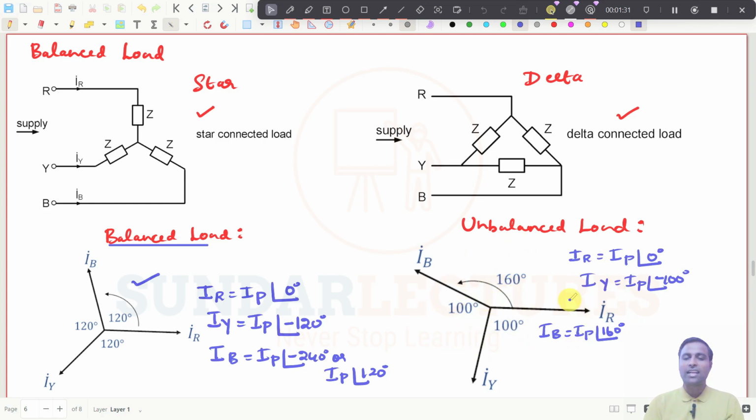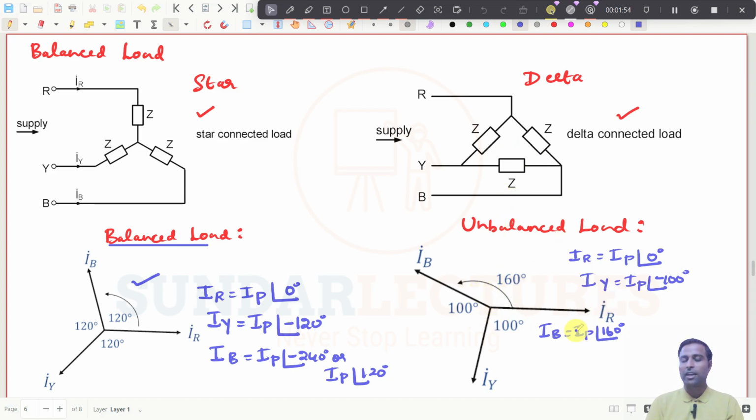Then we can consider these types of load as unbalanced load, which means the values of Z in every phase either will change by magnitude, or would have changed by the phase angles. Here they have shown that they have just changed by the phase angles, not by the values of magnitude.